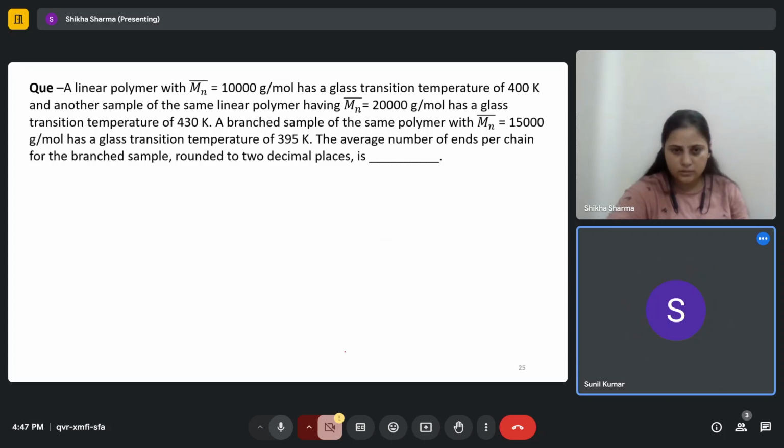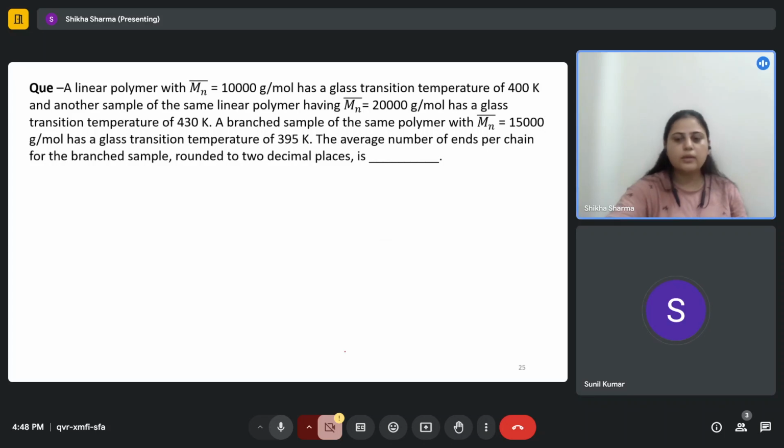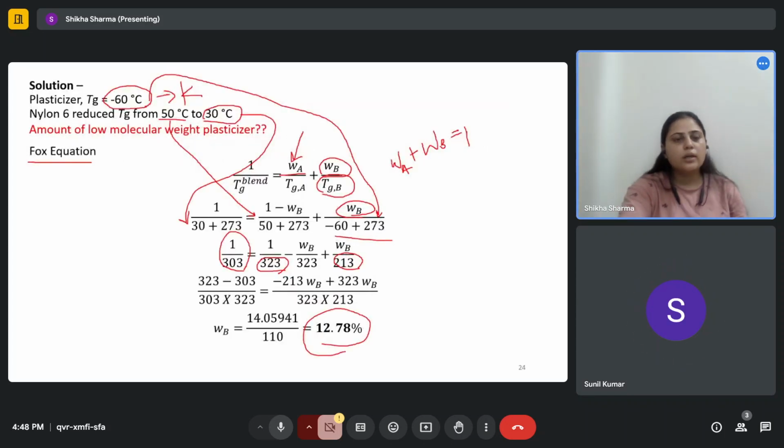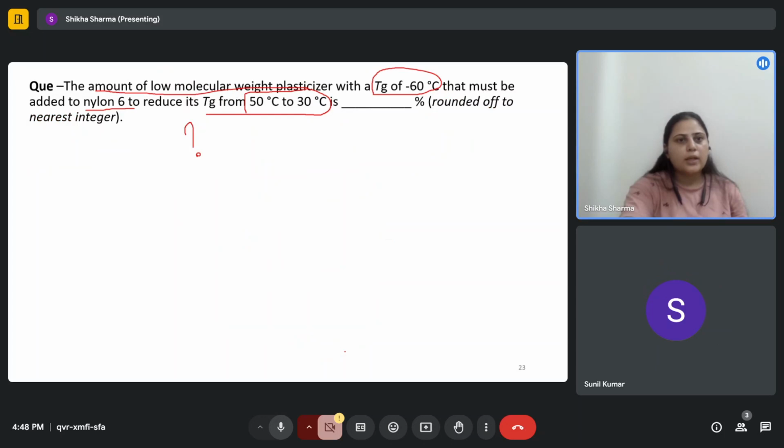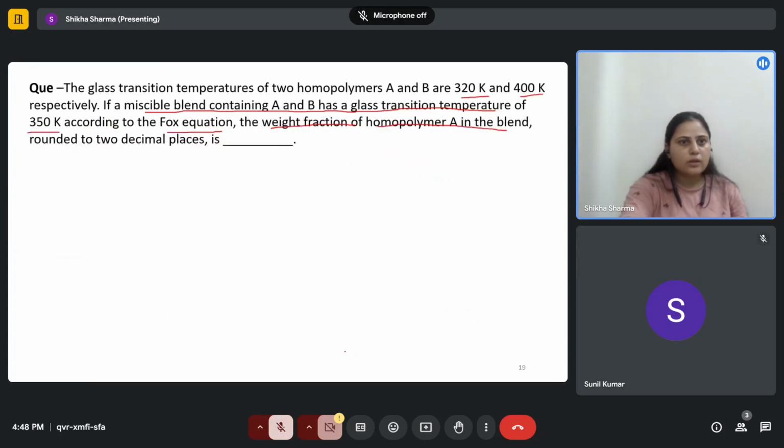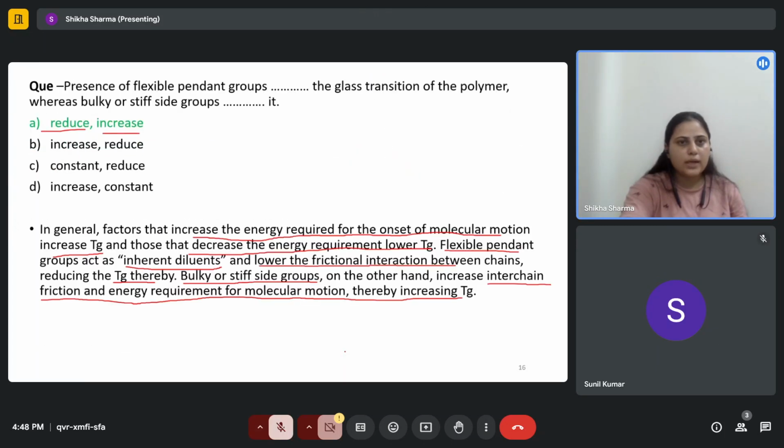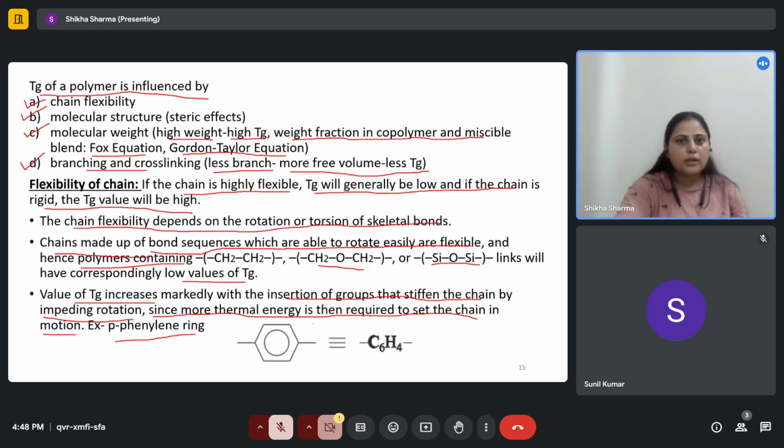Which equation? Yes, but here we need to solve by the Fox equation because we are solving for miscible blends. Like we discussed in the previous slides, the Gordon-Taylor equation is used mostly in case of the copolymers.